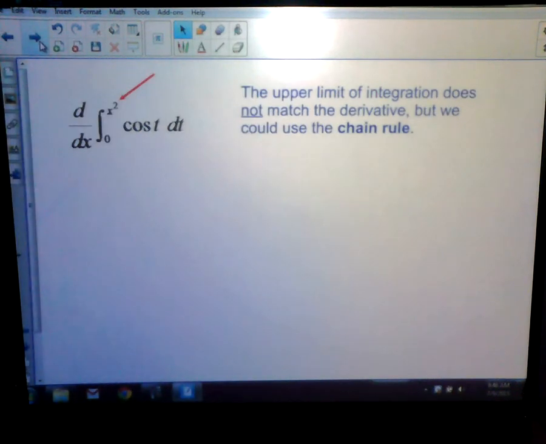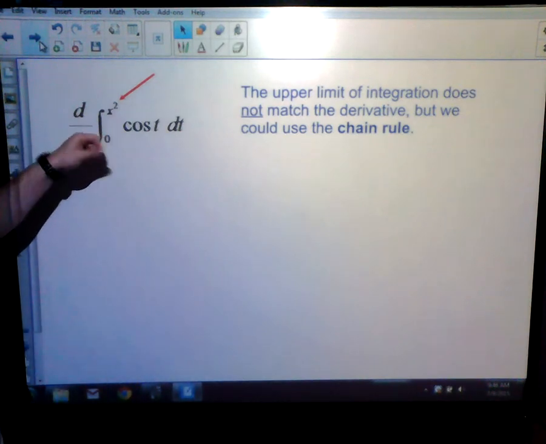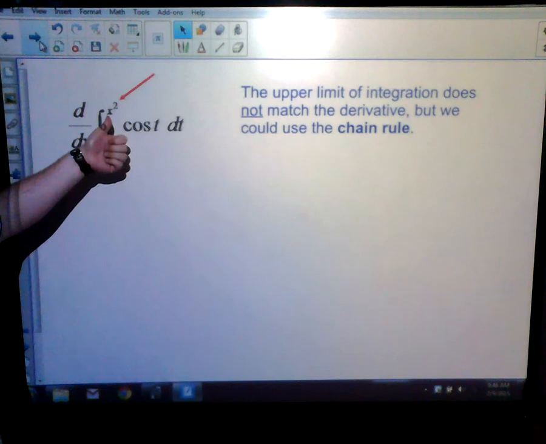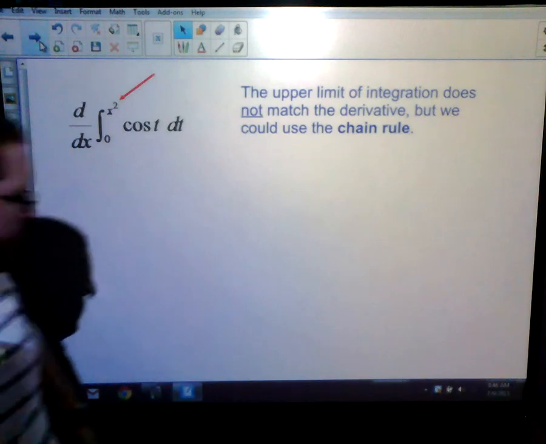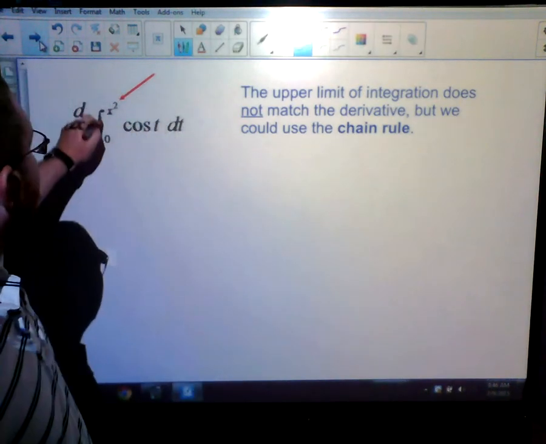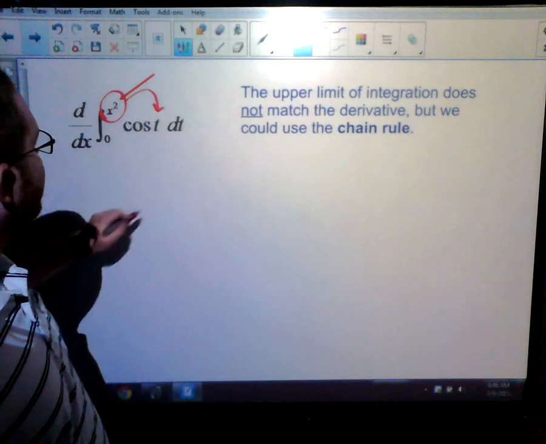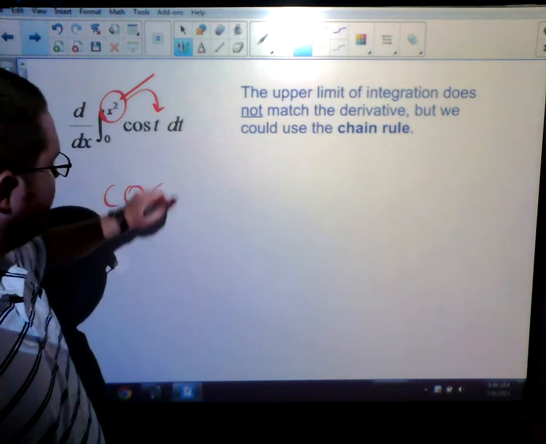Ooh, what happens here? The derivative of an integral, so we're good there. The top is x squared, not plain x. The bottom is 0, so we got 2 of the 3. I'm still going to treat it the same way. I'm still going to plug this in. That's going to give me cosine of x squared.